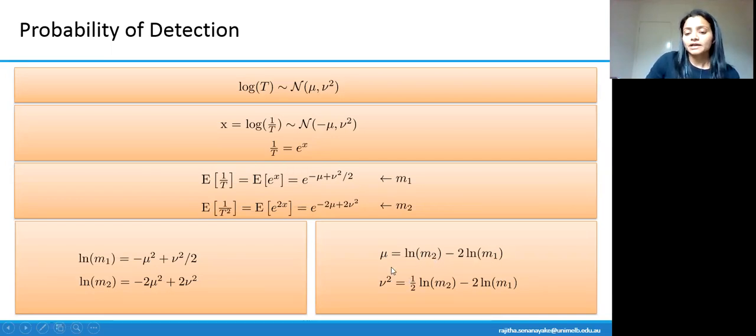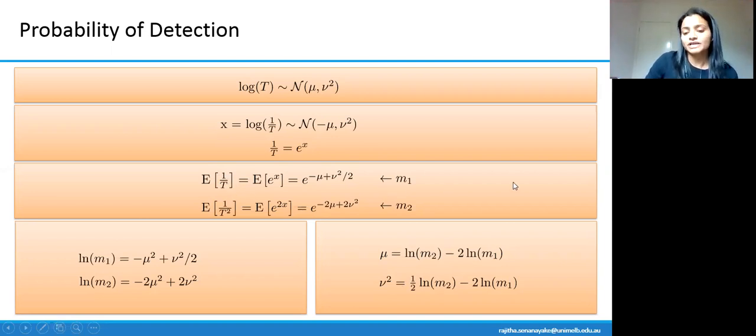So basically, in order to find mu and nu squared, all I need to find is m1 and m2, the first and the second moments of the 1 over t random variable.